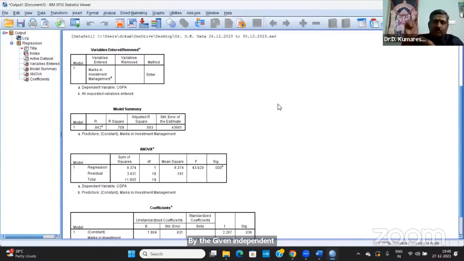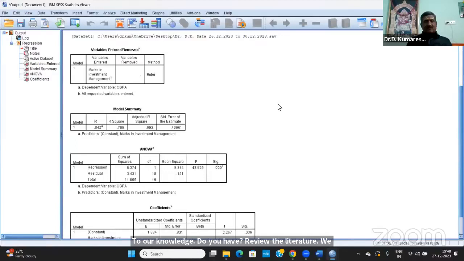I told you, we cannot be certain that the dependent variable is influenced 100% by the independent variables. We have reviewed the literature, we have consulted the experts.